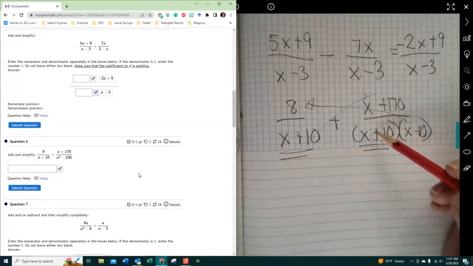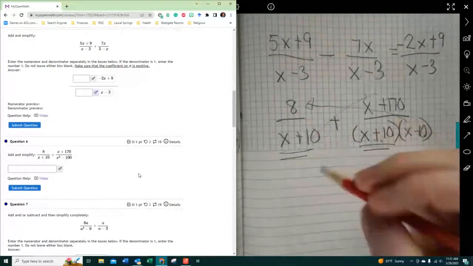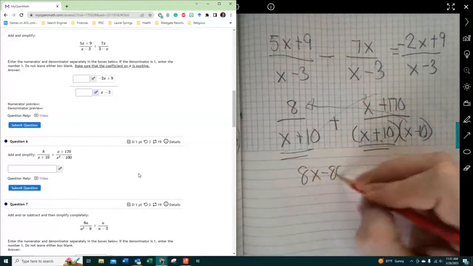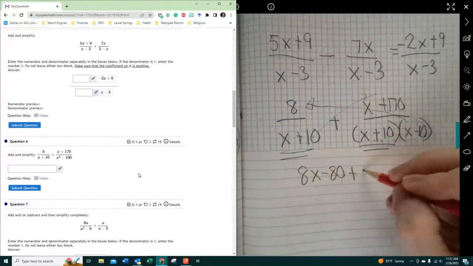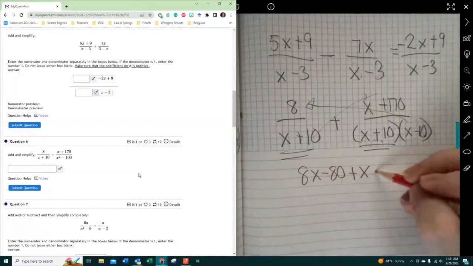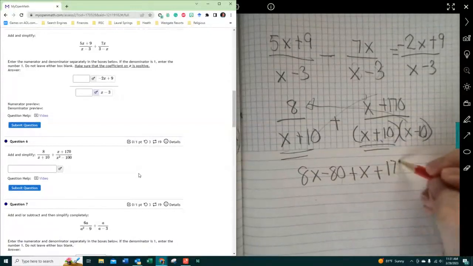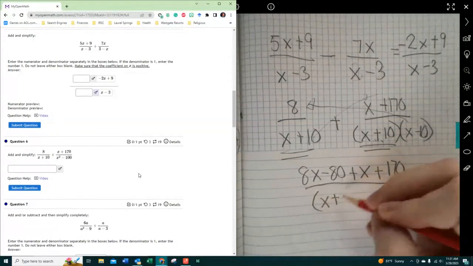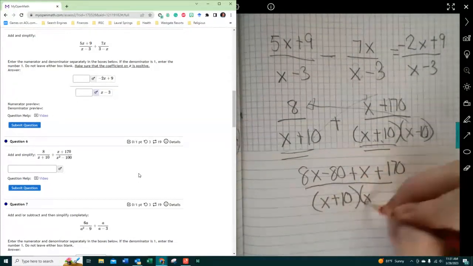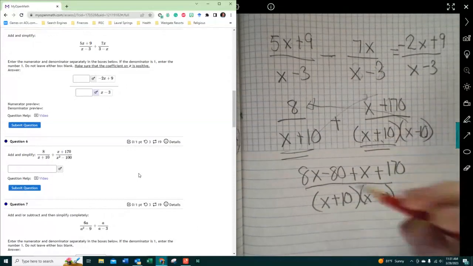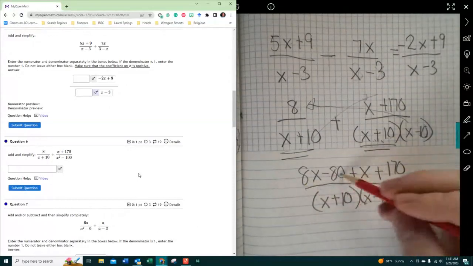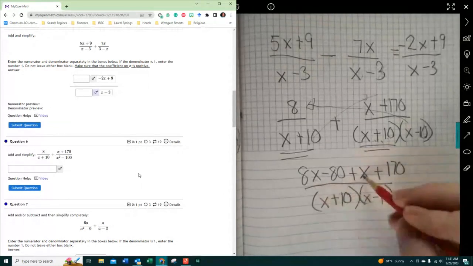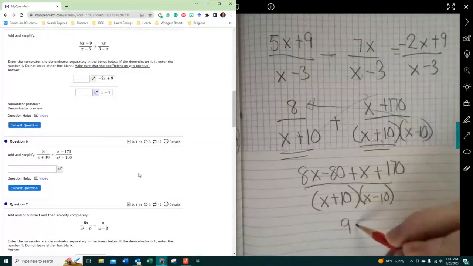So we're going to just multiply this times this and get 8x minus 80 plus x plus 170 all over our common denominator of x plus 10, x minus 10. Then all we have to do is subtract 80 from that and get 90. So we're going to get this added together and get 9x.